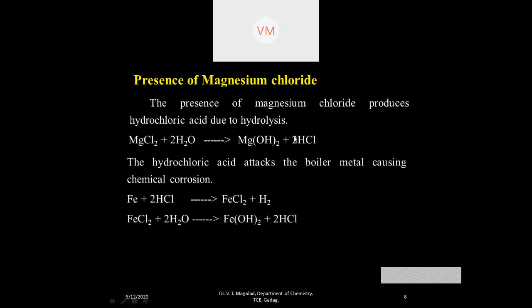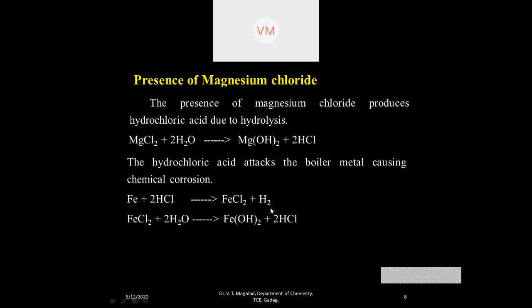So this HCl is going to be very fatal. This is acidic in nature and this attacks directly on the boiler and therefore boiler gets corroded due to the formation of this HCl. This HCl attacks on the boiler and then boiler, that is steel, converts into its compound iron chloride.